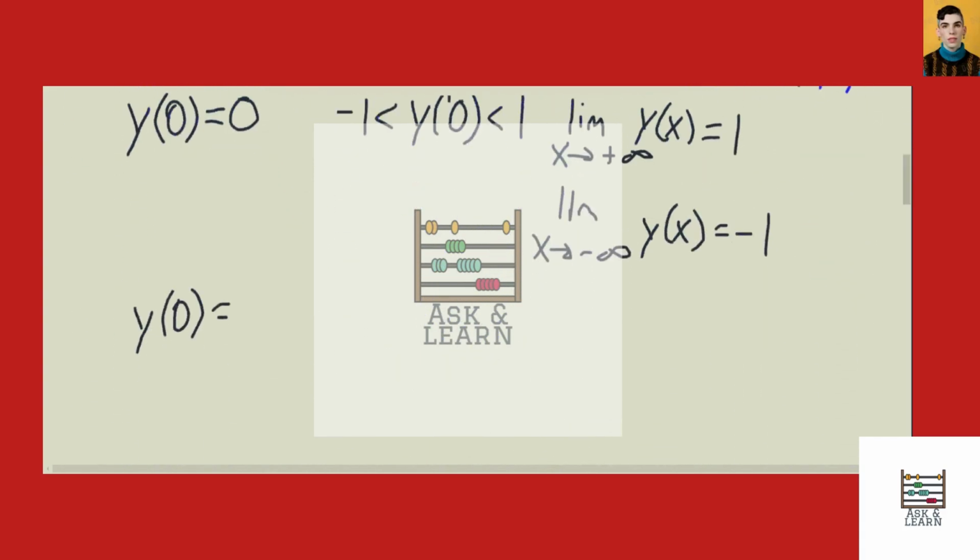A more interesting case, let's take y of 0 to be 1.5. Now represent this graph in red, and I'll have a twin graph for this. Call it y of 0 equals -1.5, which I will also represent in red.